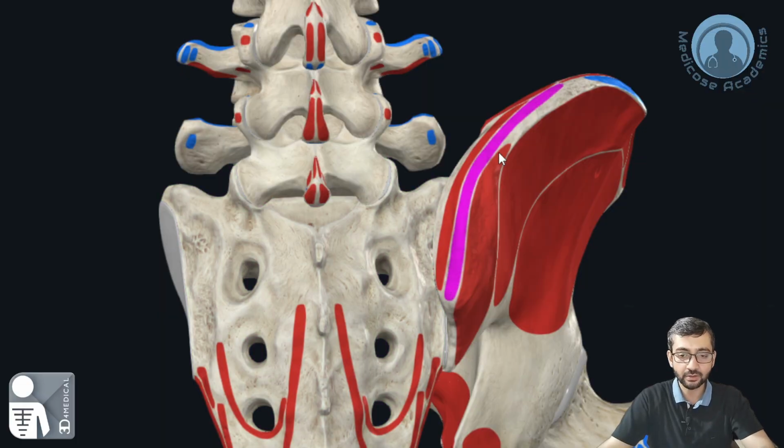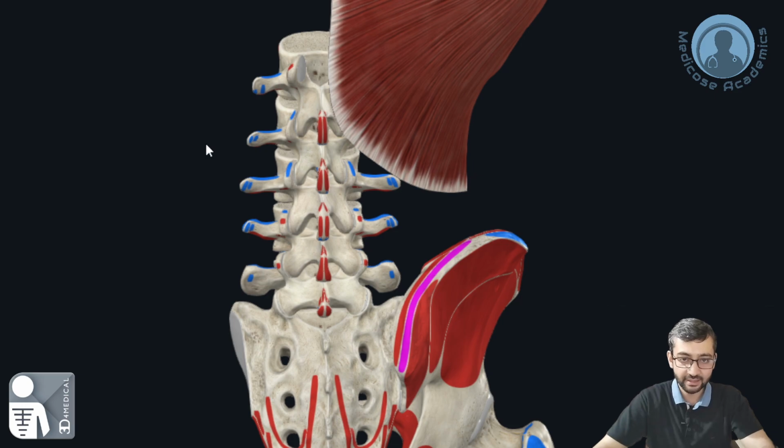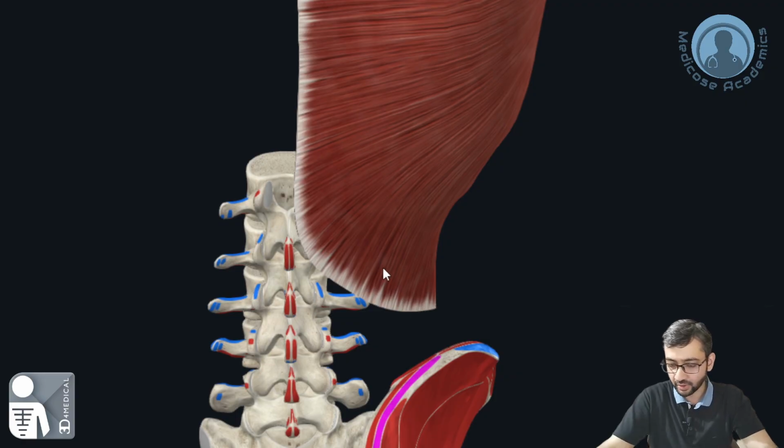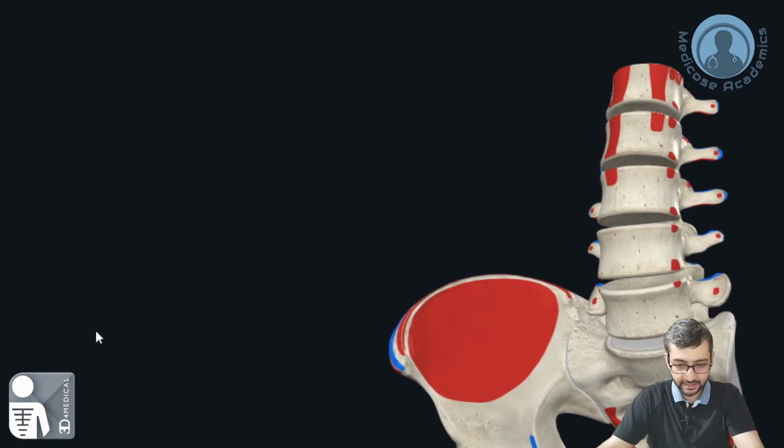This does not give direct attachment to a muscle, but it does give attachment to the thoracolumbar fascia, which is continued upward as latissimus dorsi muscle. So latissimus dorsi is attached to the posterior part of the iliac crest through the thoracolumbar fascia, not exactly shown here. So we have done the inside of the iliac crest.